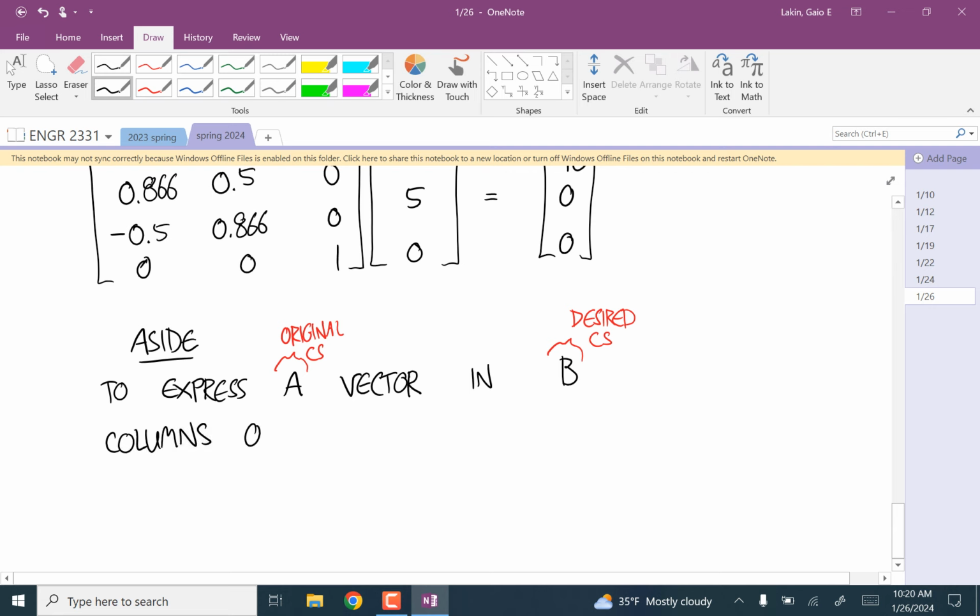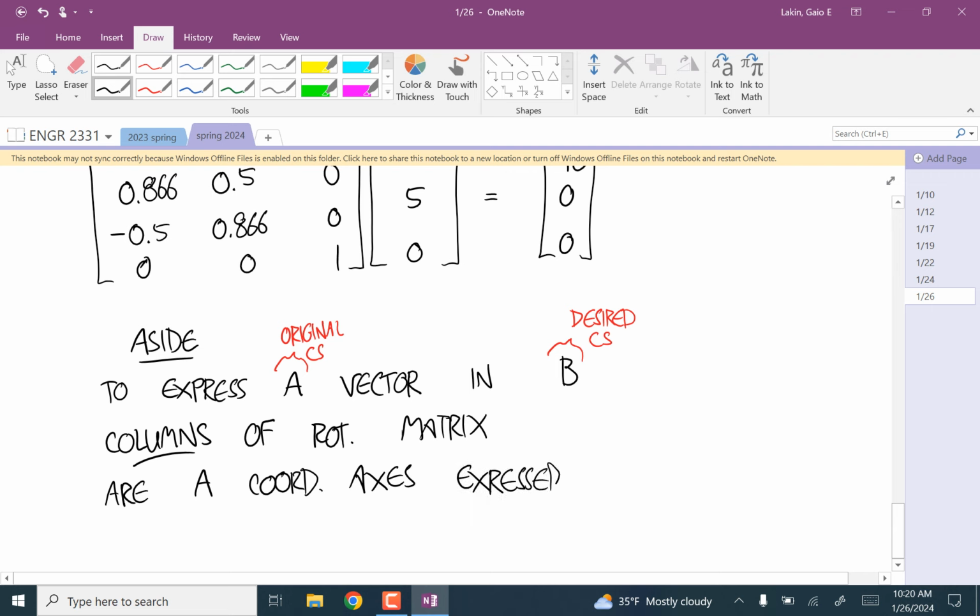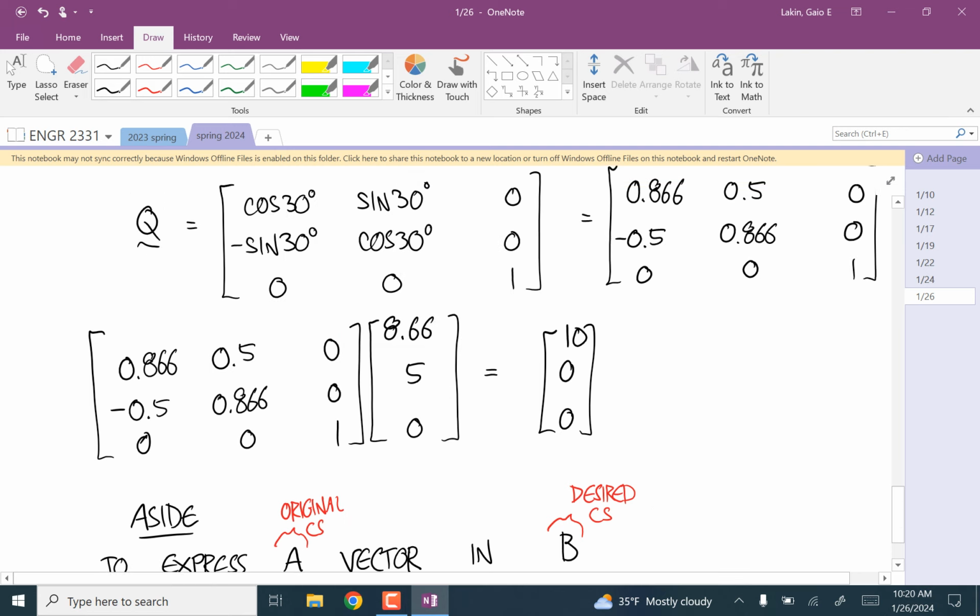The columns of the rotation matrix are the A coordinate axes expressed in the B coordinate system. And this works for any rotation, any crazy rotation. It doesn't have to be about X, Y, or Z.